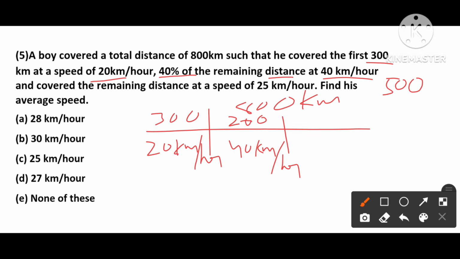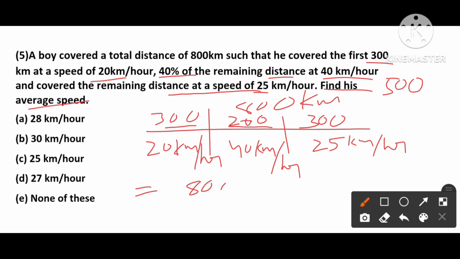So totally we have completed 300 plus 200, 500 completed, left with 300 kilometers. The remaining distance at a speed of 25 kilometers per hour. Now what we need to find is his average speed. Average speed equals total distance divided by total time. So total distance will be 800 divided by individual times.